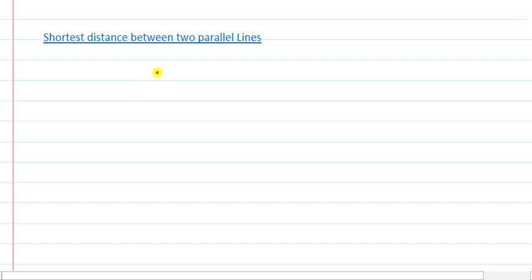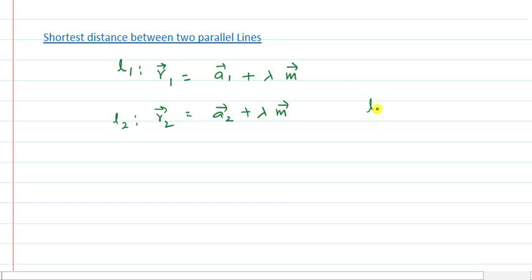So if one line is R1 vector equal to A1 vector plus lambda m, let this be line L1, then line L2 will be R2 equal to A2 vector plus lambda m, because lines are parallel.